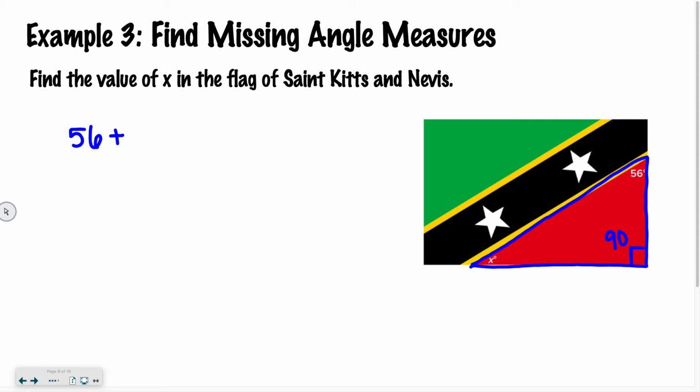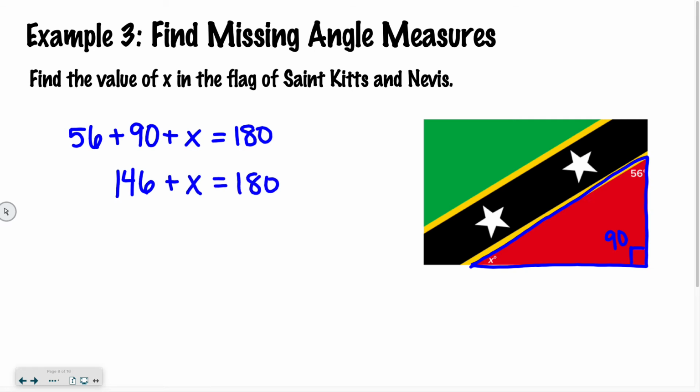So I'm going to say plus 90 plus x equals 180. So if I do 56 plus 90, I get 146 plus x equals 180. And then I can do 180 minus 146 to find out that the measure of angle x is 34 degrees.